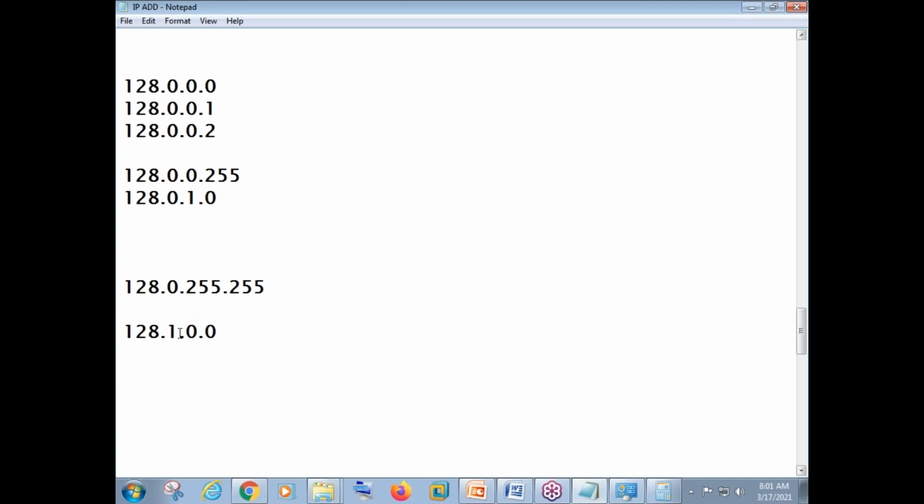So when you say 128.1 here, it will become a different network. 128.0 is a different network, 128.1 is a different network. We are in class B, so we have to see 2 octets now. Class A only 1 octet, and class B we have to see 2 octets. So 128.1.0.0 is a different network. So till here it is one network.